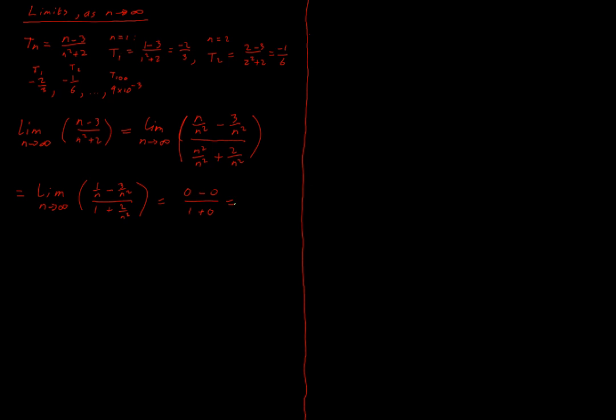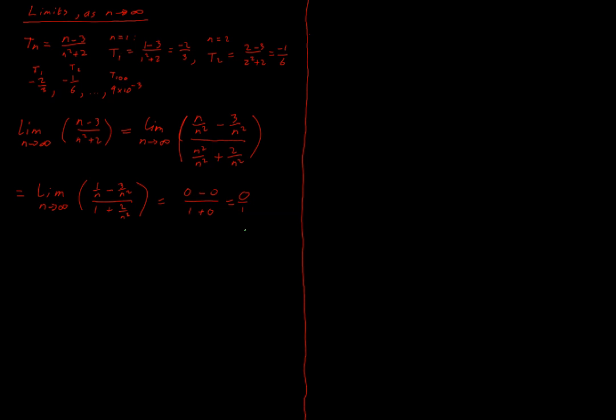Plus 0. So we end up with 0 over 1, which is what we kind of expect based on our argument at the beginning. These terms, Tn, are getting closer and closer to 0 as n gets bigger and bigger and bigger. So in the limit, when n tends to infinity, our Tn would be 0.